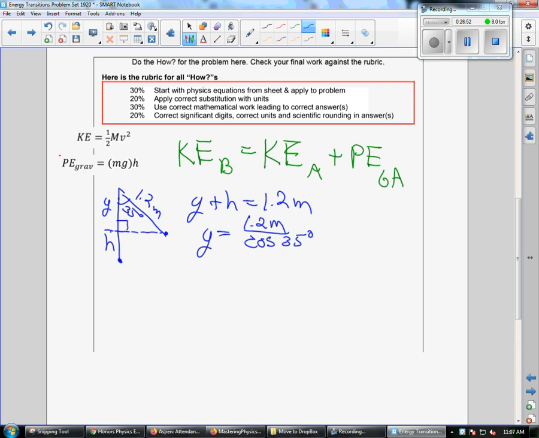So I would get that H equals 1.2 meters over cosine 35.